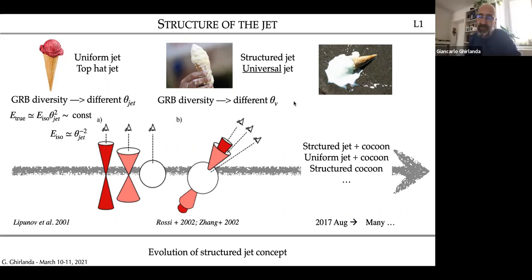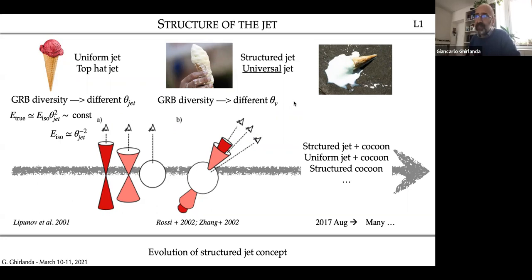And starting in 2017, we started to work with a nomenclature which I think became a bit complicated by the fact that we started to consider structured jet plus cocoon, uniform jet plus cocoon, structured cocoon, and so forth. I think these are all valid, and probably there was at the beginning a bit of confusion because of the different use of these terms.